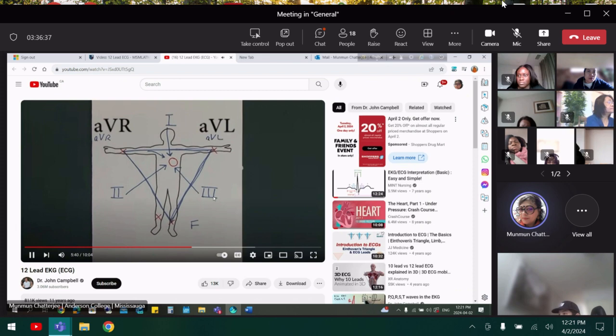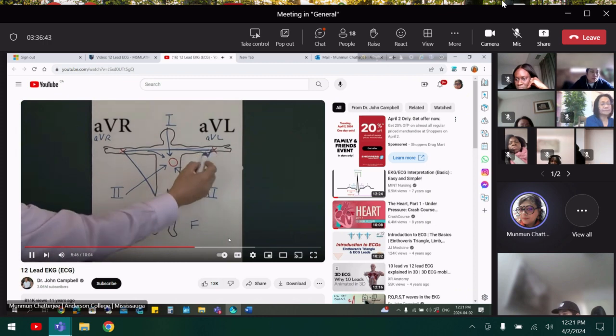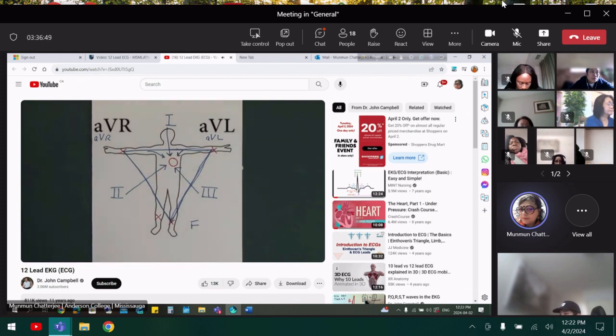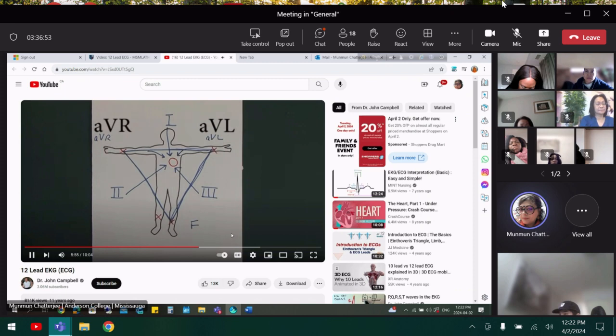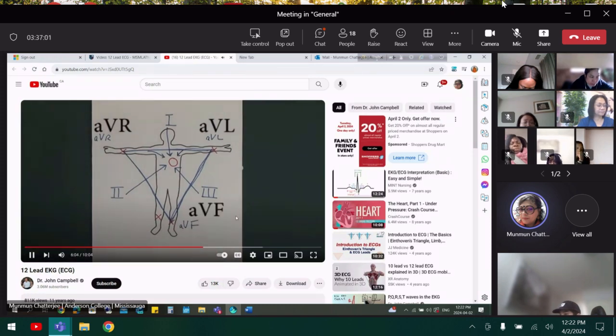So AVL is augmented voltage left, and that's again unipolar, and it's as if it's looking at the heart through the left shoulder. It's looking at it from this direction here. So again, that's giving us another view of the heart. And then the sixth lead is AVF. That stands for augmented voltage foot.